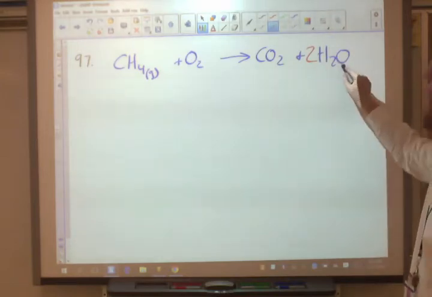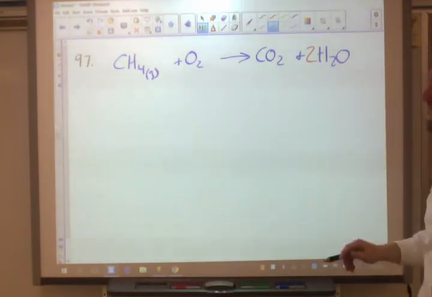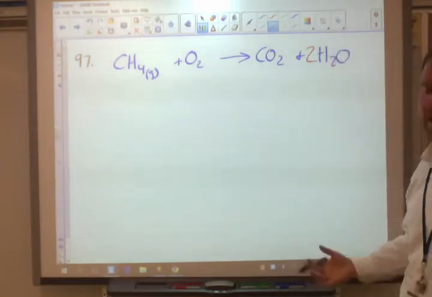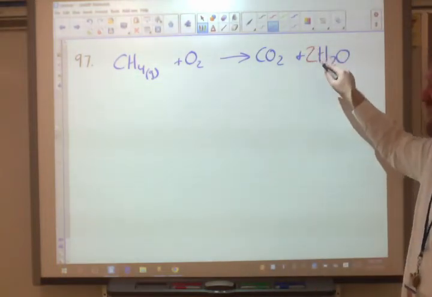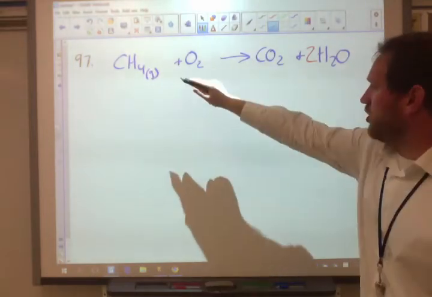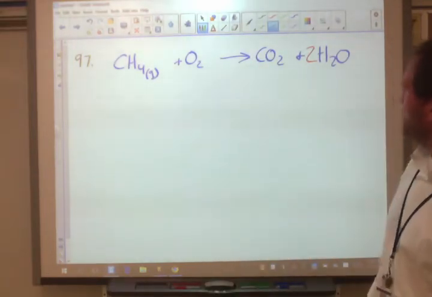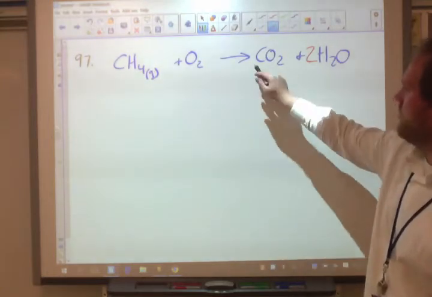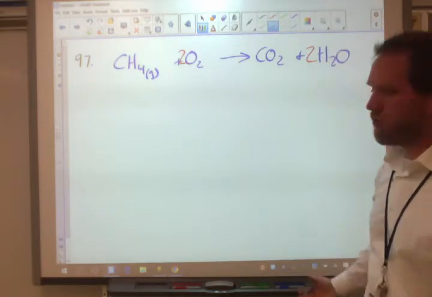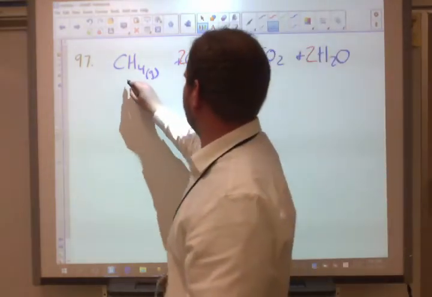Am I still going to have an even number of O's? Because I need an even number of O's because I only have O2. And the answer is yes. If I had an odd number here, I would double everything. But this looks good. Carbon, 1 carbon, 1 carbon. Let's check our O's. O2 plus 2 more, so just a 2 there. And we're balanced. 1, 2, 1, 2.